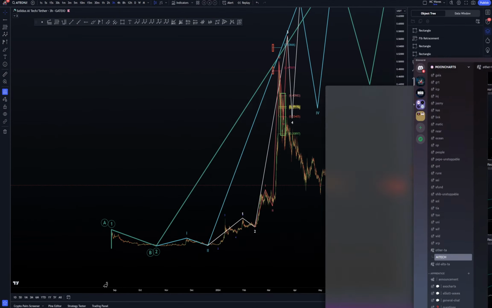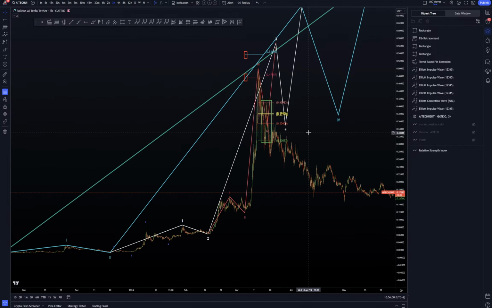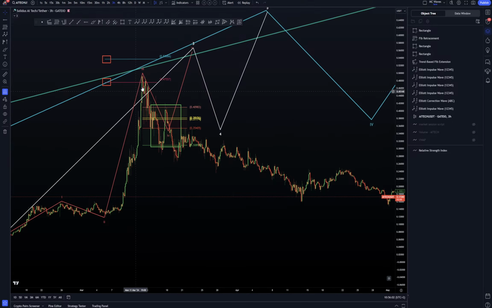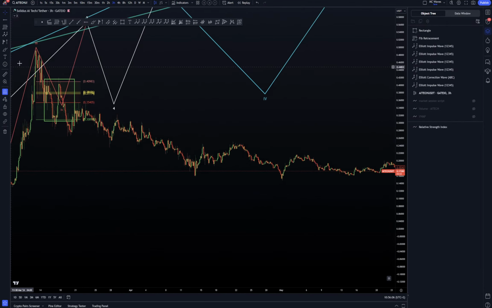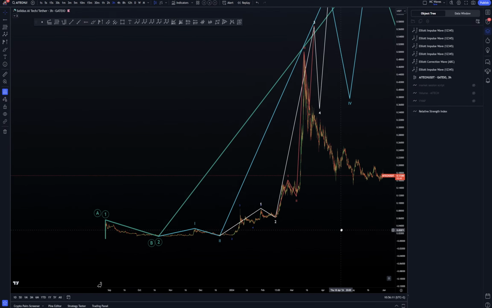Alright, so I didn't show you the other configuration we can see here. So we didn't get any wave 4 there. We've got the retrace from there, but nothing like that next. Let me just remove all this. So what we've got there.